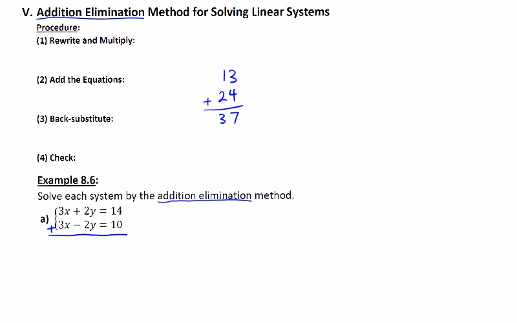So when we perform the addition, I'll start with the x's. 3x plus 3x would give me 6x. 2y plus a negative 2y is going to eliminate, hence the name elimination in this process. So we do an addition to try to get an elimination. So the name tells you really what your goal is in the solving procedure here.